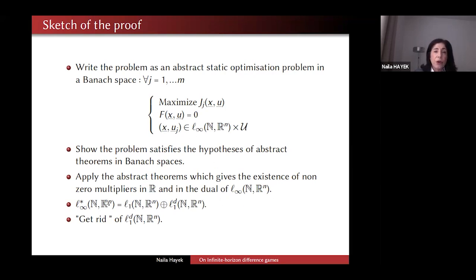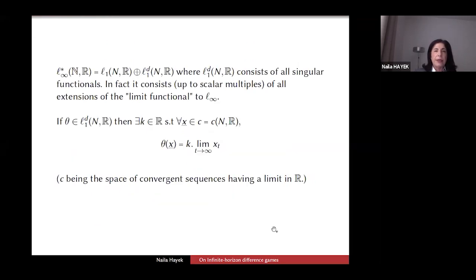But now the dual of L infinity is not L1. The dual of L infinity is L1 plus something, L1 dual, and I want to get rid of this L1 dual. This is what will be done. And this L1 dual, what is this L1 dual? If you look at it in L1 dual and R, it's all the singular functionals.